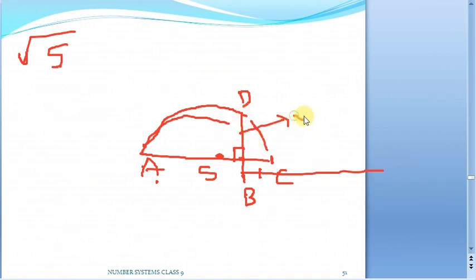Now take the compass needle here at B and pencil at D, and project it towards the number line so that it intersects the number line at this particular point. So the method that we are discussing now is a general one. We can apply it for any number. In case you are finding difficulty in searching for the combination, we can use this method to represent any irrational number on the number line.